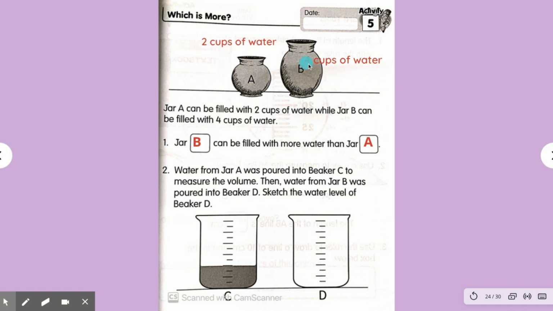In jar B, we have 4 cups of water, so it is 2 times the level from jar A. How are we going to sketch the water level? Can you do it?